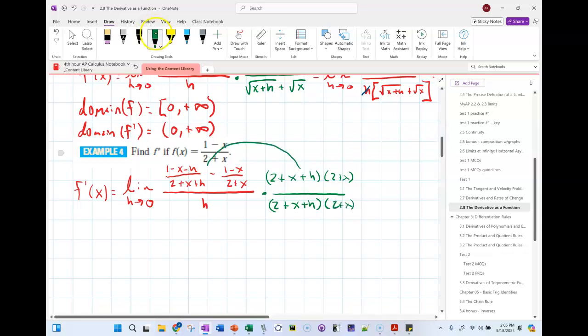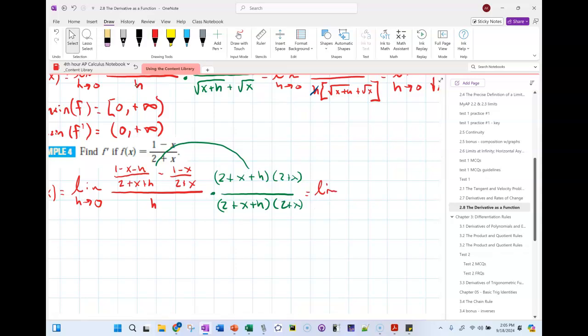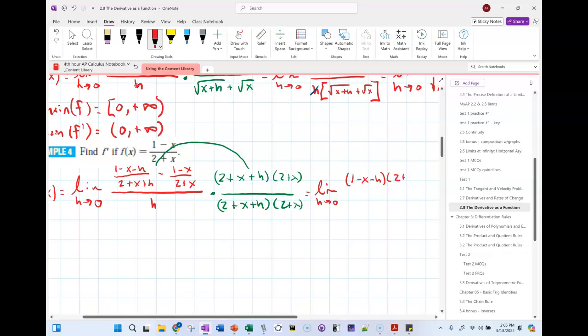So when I distribute to the first fraction, the 2 plus x plus h cancel, right? And I'm left with 1 minus x minus h times 2 plus x. Can everybody see that?